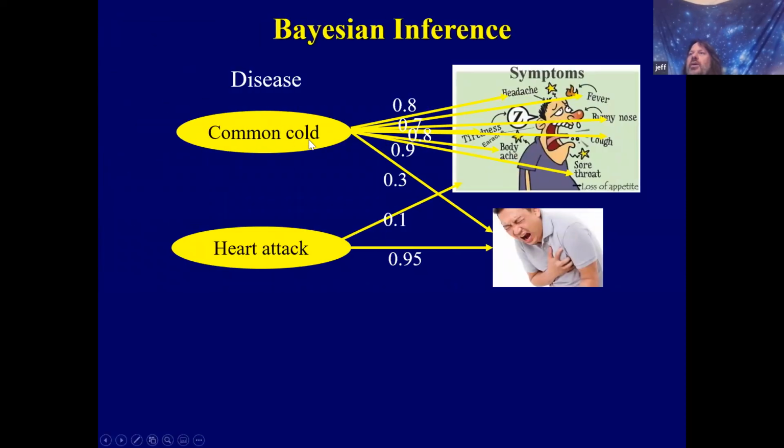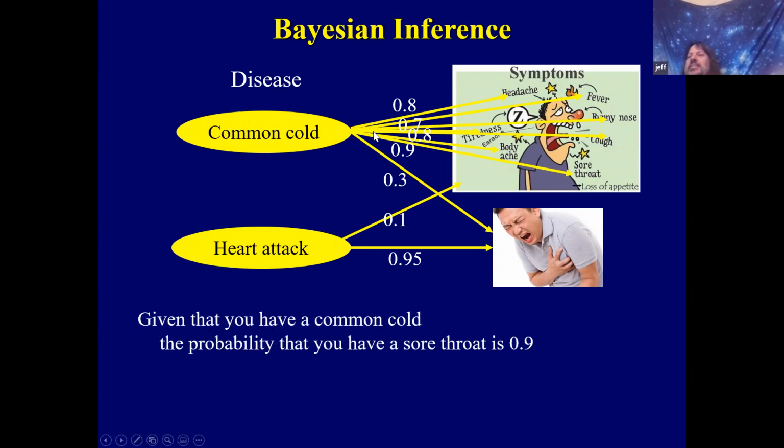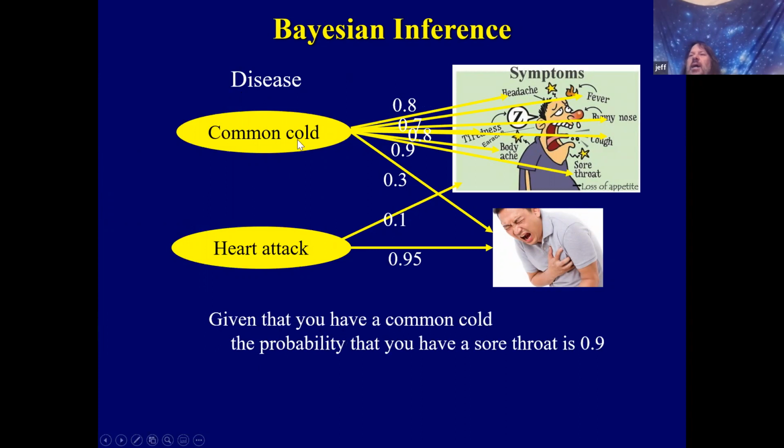All right, let's do a little bit about Bayesian. I had a lot more slides on Bayesian, but I kept most of them out because I figured by the time we got here, we would be tired. So just a little bit on Bayesian inference. It's another whole way of doing statistics. Suppose you have a common cold, you can calculate the probability that you have a sore throat.